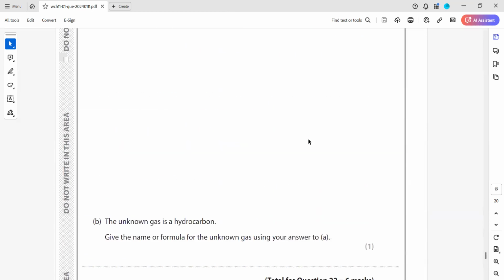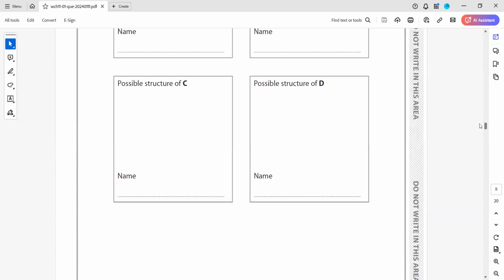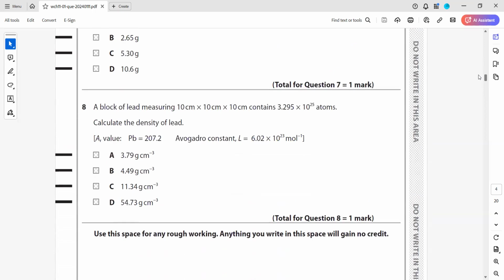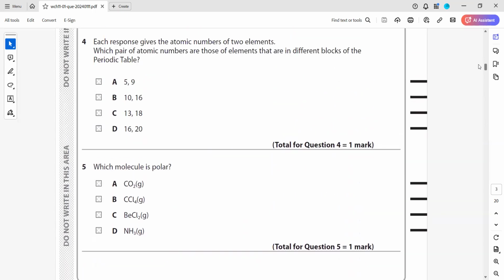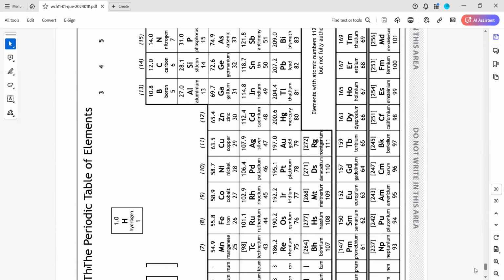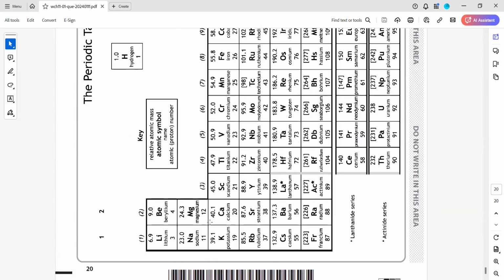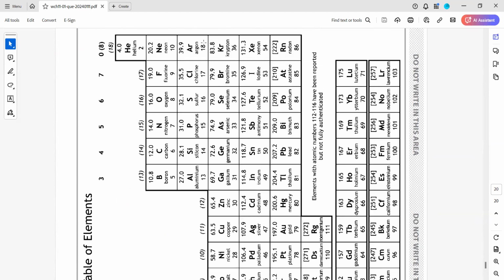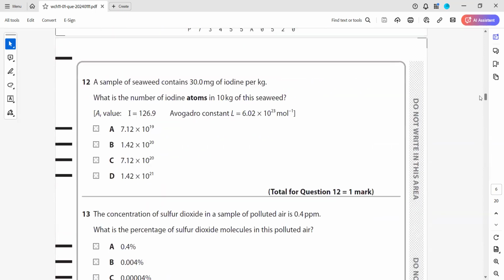So they are the same. 13 and 18, you can write the configuration or you can check from here. 13 is aluminium, p block, and 18 is argon, p block. So it means D should be the right answer.